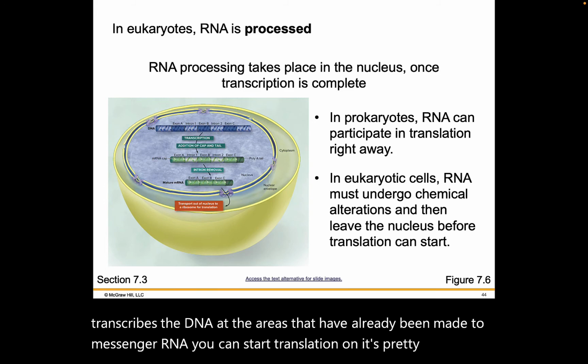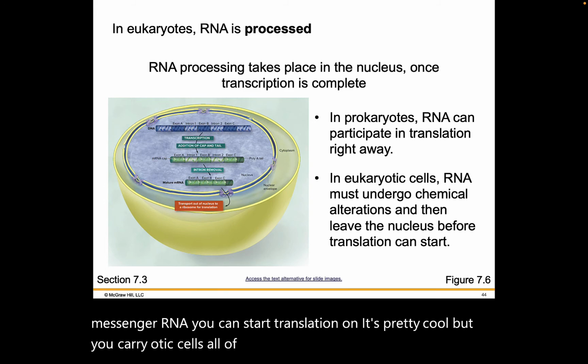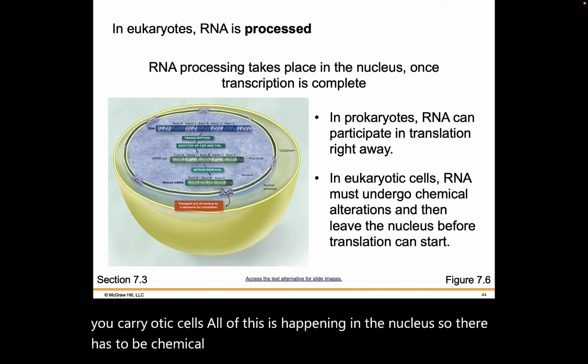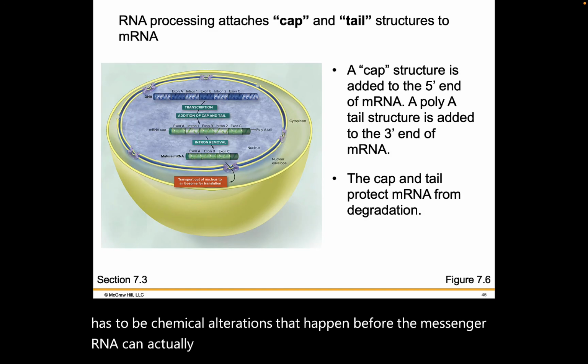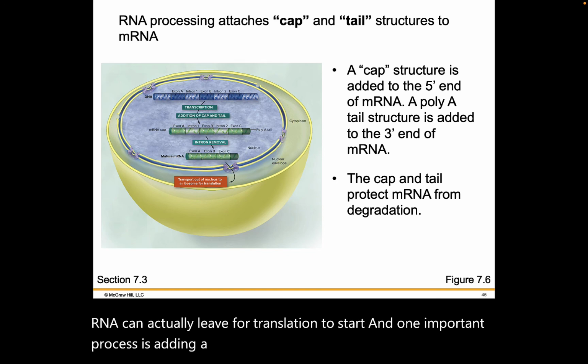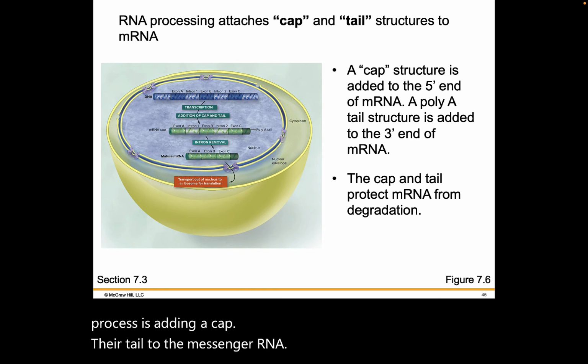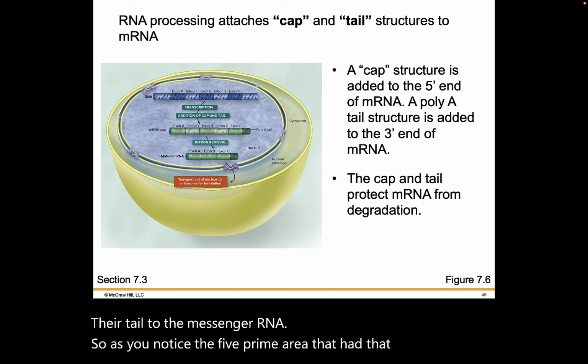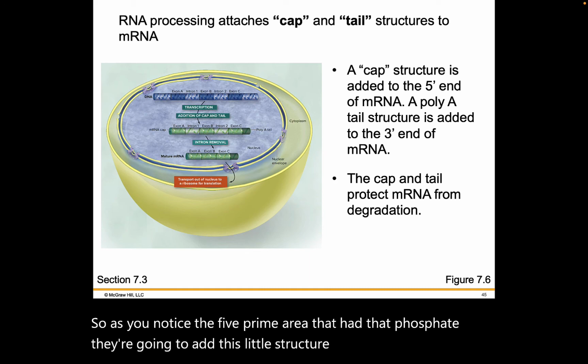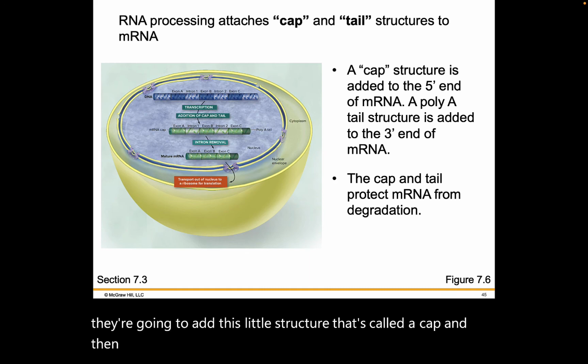But in eukaryotic cells, all of this is happening in the nucleus. So there has to be chemical alterations that happen before the messenger RNA can actually leave for translation to start. And one important process is adding a cap and a tail to the messenger RNA. So as you notice, the 5' area that had that phosphate, they're going to add this little structure that's called a cap. And then on the 3', they're going to add what's called a poly A tail.